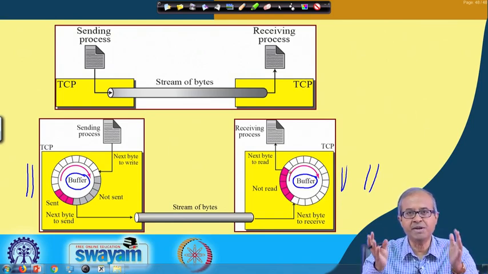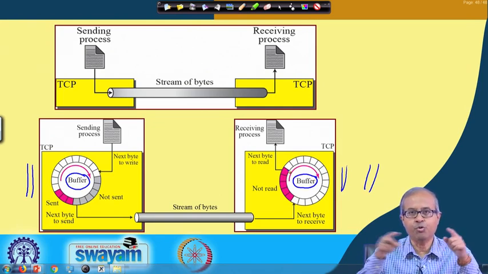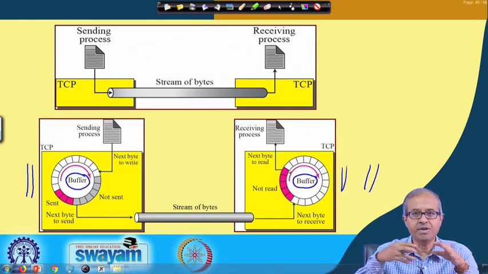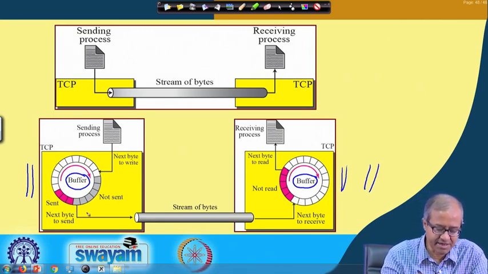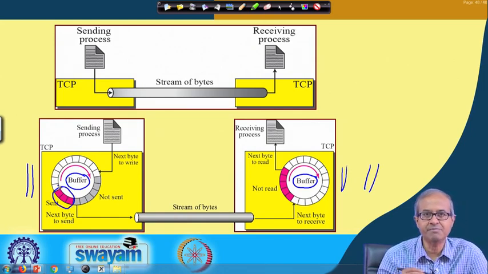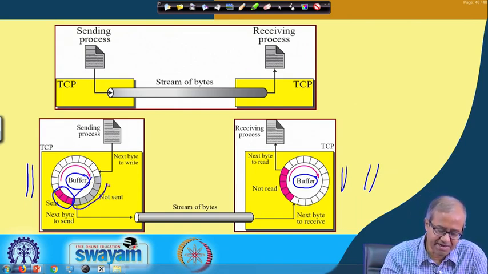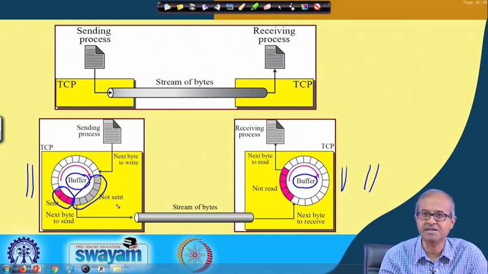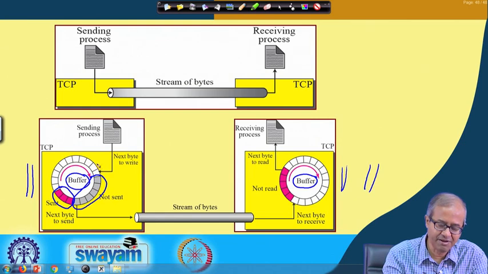The receiver also will maintain a buffer, whatever comes it will put in the buffer, and both the sides are keeping track of how many bytes have been sent, how many bytes have been received, and so on and so forth. Like you see in the sender process, there are some bytes marked in pink which indicates the bytes which have been sent, already sent. The bytes marked in gray indicates which have not yet been sent, and the process, when it is generating some data to be sent, it will be storing them into the buffer from the next available location onwards.